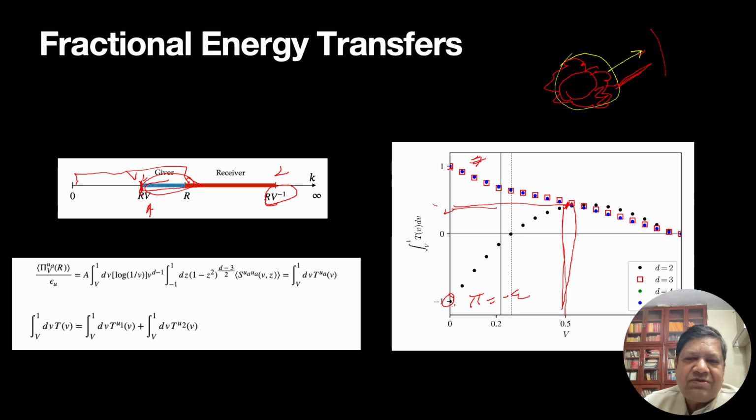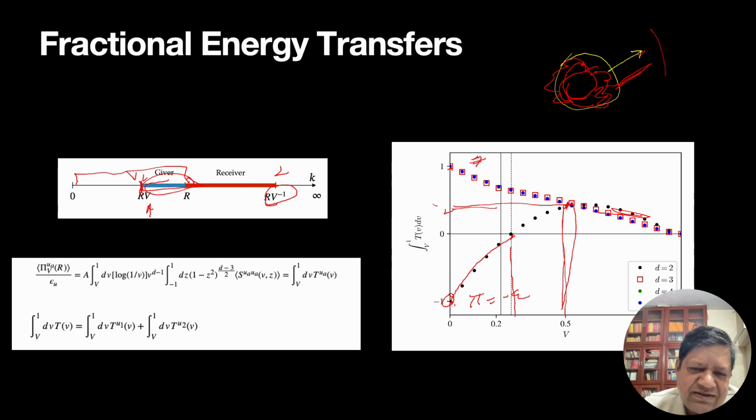So you can say that the modes within the shell from 0.5 to 1 are giving half the energy to outside. So it gives you a detailed picture. So 3D is kind of expected forward, but 2D is interesting. So it's negative, negative, negative, negative, negative. It's up to here.